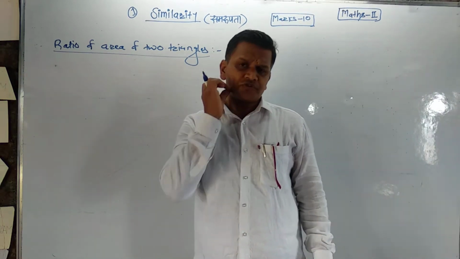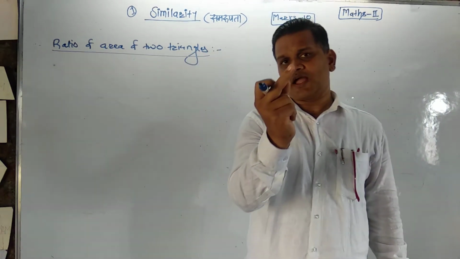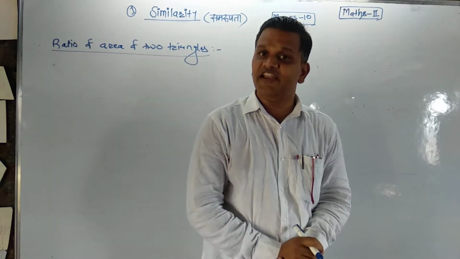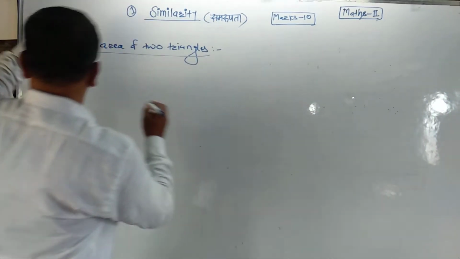Today we are going to study the first property, the ratio of areas of two triangles having different bases and different heights. Right.